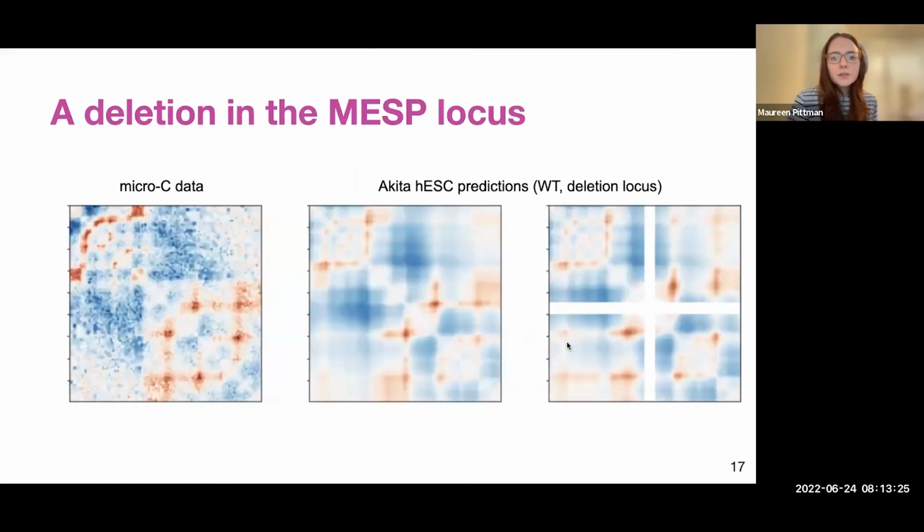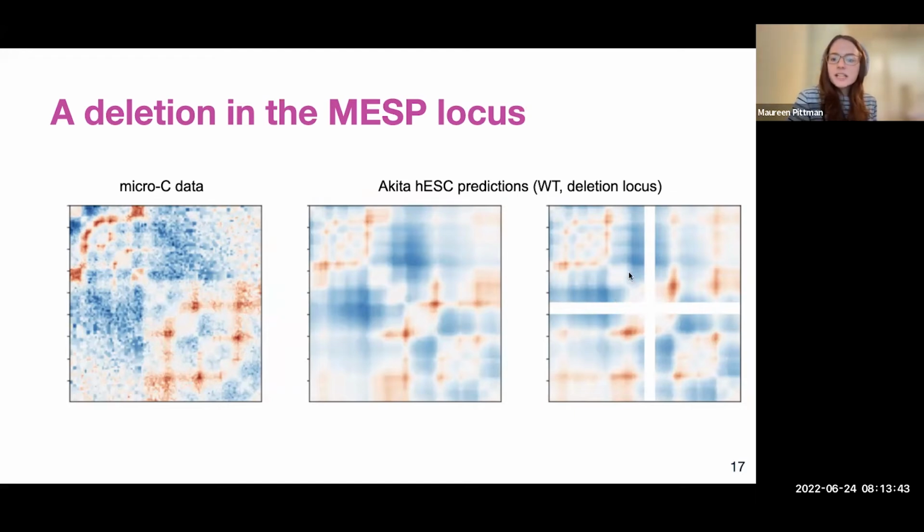I'm going to focus on a patient deletion that was found in the MESP locus. MESP, the mesoderm posterior genes, are very important for heart development.